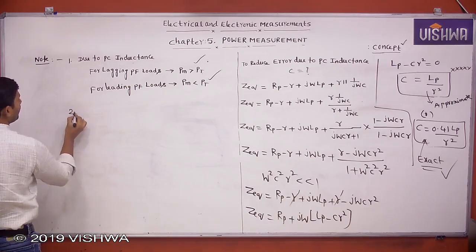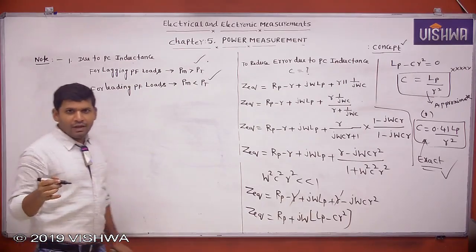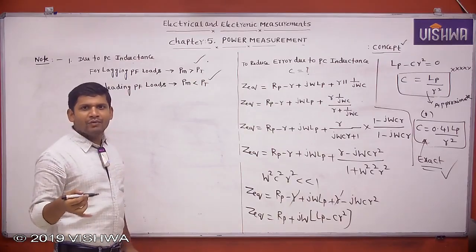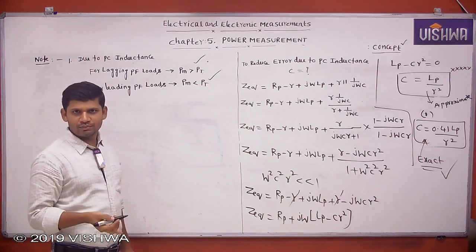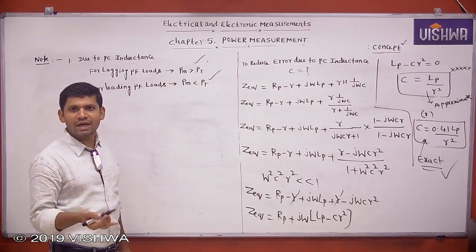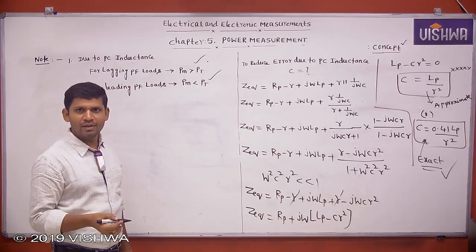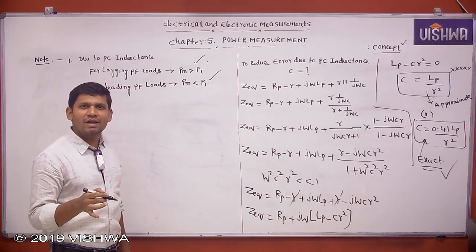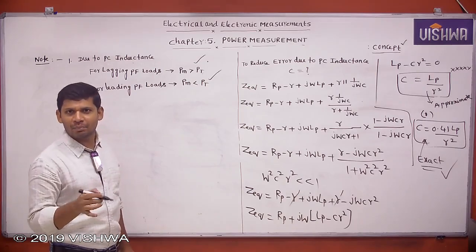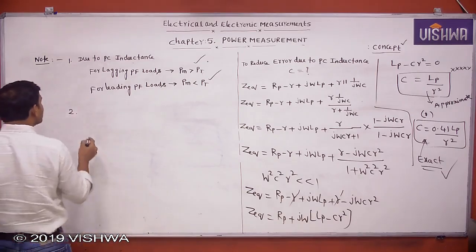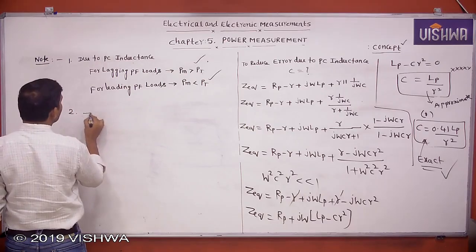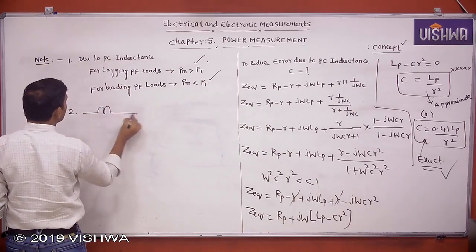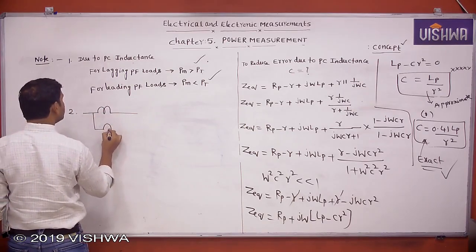But every inductive coil has its self capacitance also. That is called self capacitance or distribution capacitance. Because of that capacitance also, there is error in the measurement of power. For example, let us consider this is a pressure coil.